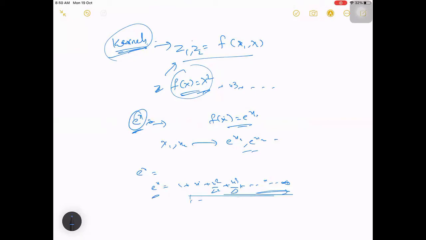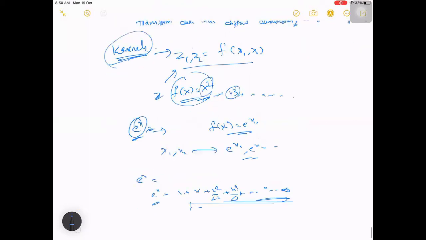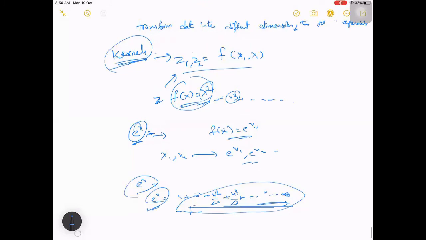Maybe in some cases a combination of these works, but if you still did not find anything, maybe something like this, where it will have infinite dimensions. Transforming your data into infinite dimensions may work in some cases. This is why e power x is significant for kernels. But it won't be directly e power x; I'll be talking about that again.